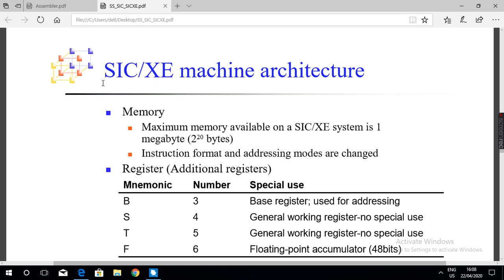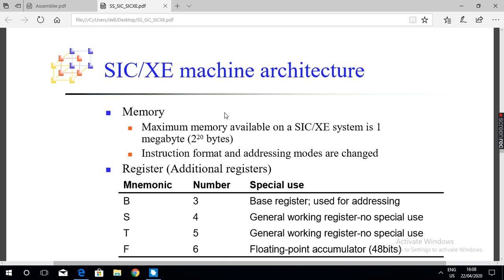SIC/XE is the extended model of the simplified instructional computer. SIC/XE consists of, as usual, 7 components.